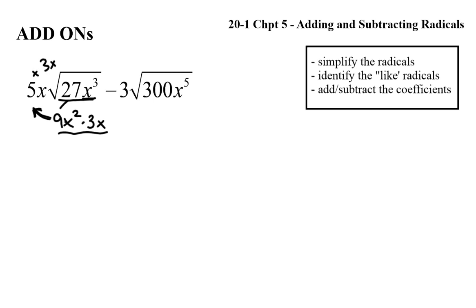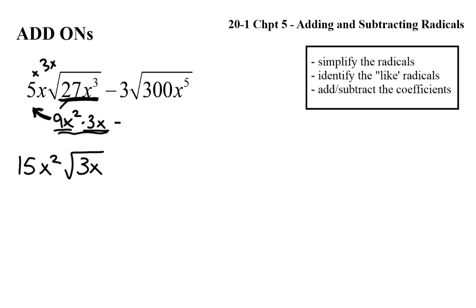So that leaves 3 times 5 is 15, x times x. I now have a 15x squared with a 3x for the radicand, because 27x cubed broke down into those two, and 9x squared can be rooted out as a 3x.